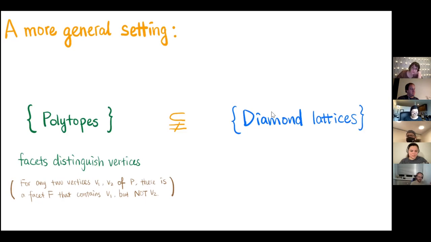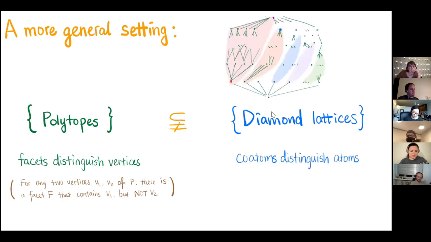Diamond lattices satisfy the same condition, just in poset language. So co-atoms or higher ranked elements can distinguish atoms: you can always find a co-atom that covers one atom but not the other.